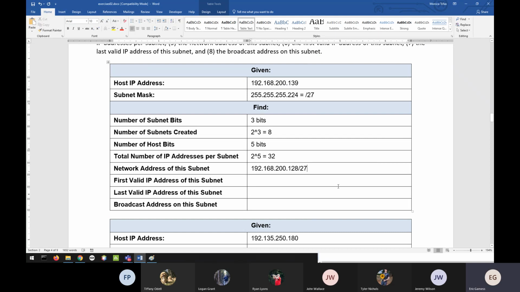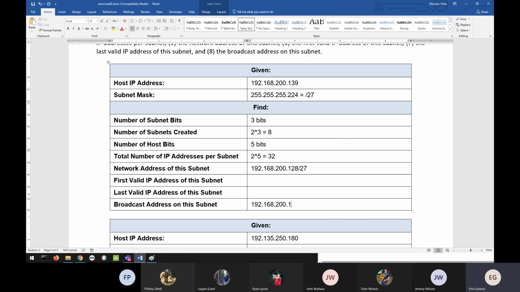Okay, what will be the broadcast address of this network? So remember, we go by step of 32. So 128 plus 32 will be what? 160. 160 is where the next network starts. So this one will end where?